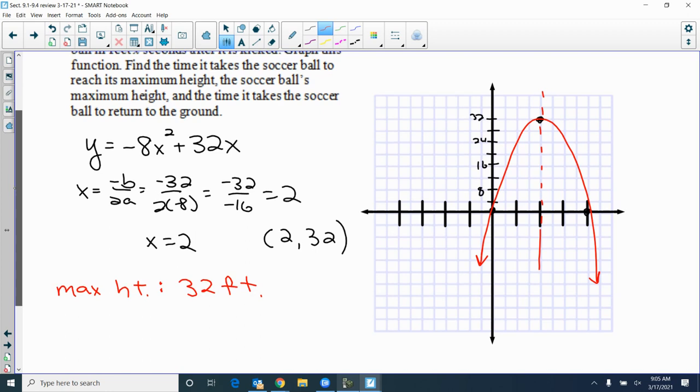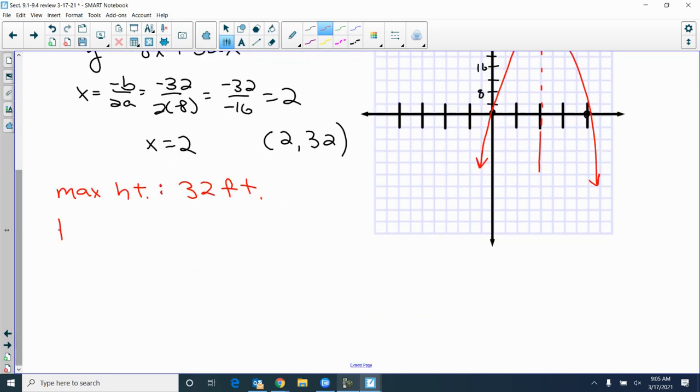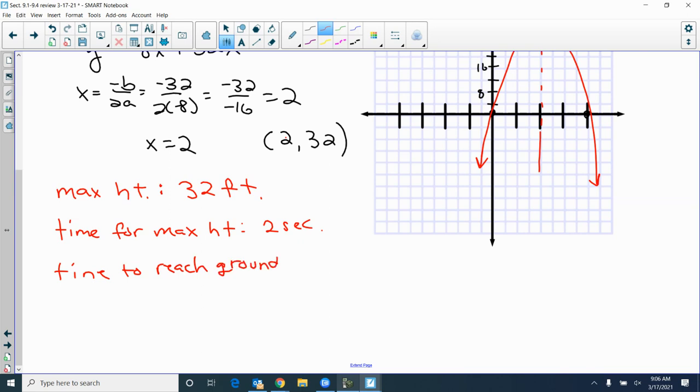So the time for max height would be what, Zach? 2 seconds is going to be that x coordinate, and then it's going to take another 2 seconds to hit the ground. So it'd be a total of 4 seconds. So time to reach ground would be 4 seconds. Okay, for that one.